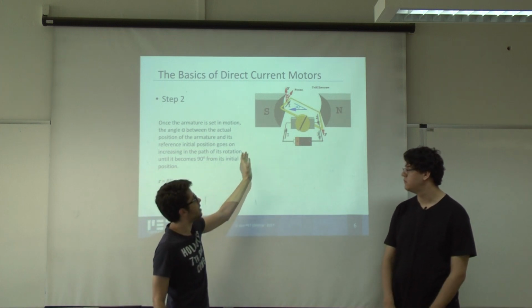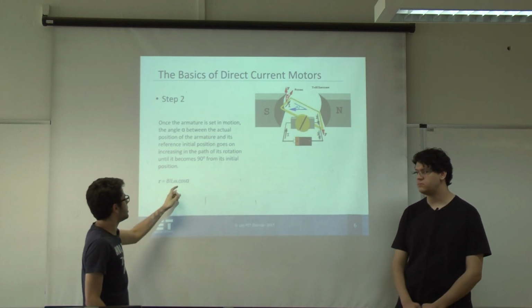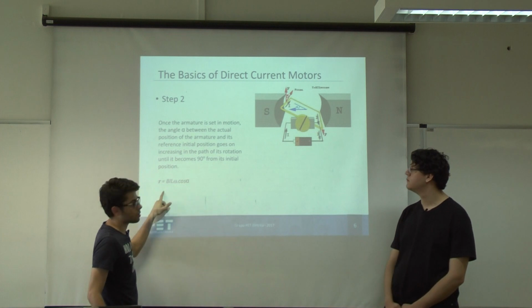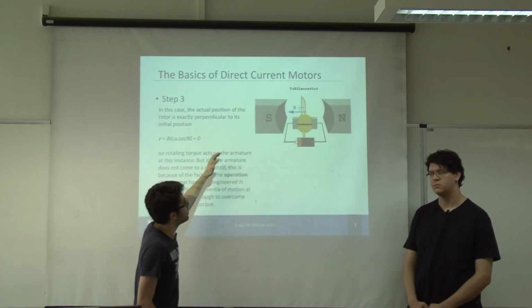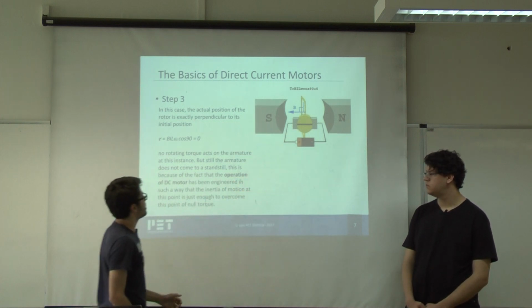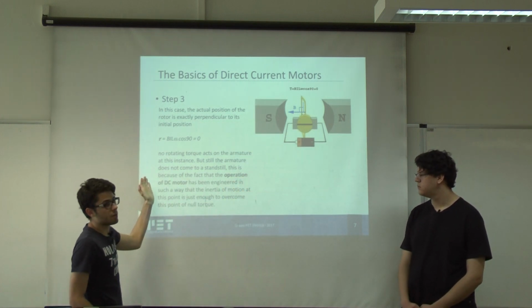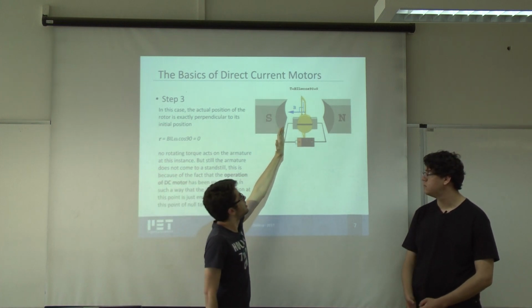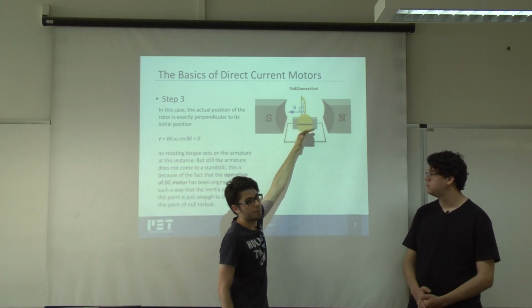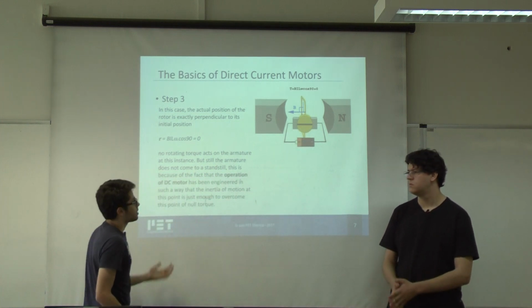When it starts moving, the torque of the motor goes down, and at this point becomes 0. But the rotation will make sure that it keeps moving until another torque appears.